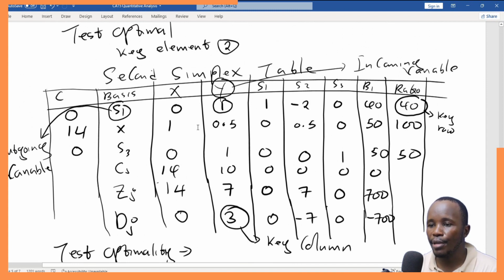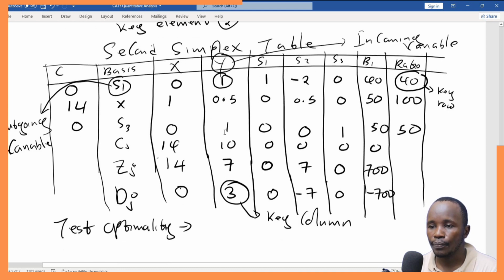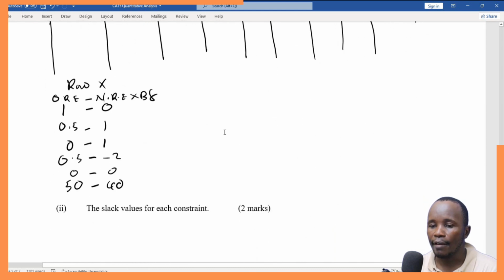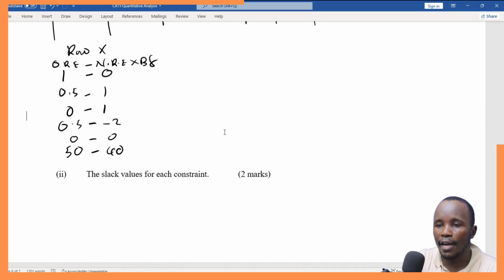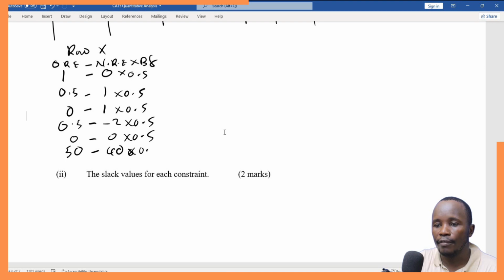It is 0.5. I hope you can see that. So we come here and find this is 0.5, 0.5, 0.5, 0.5, 0.5, 0.5.